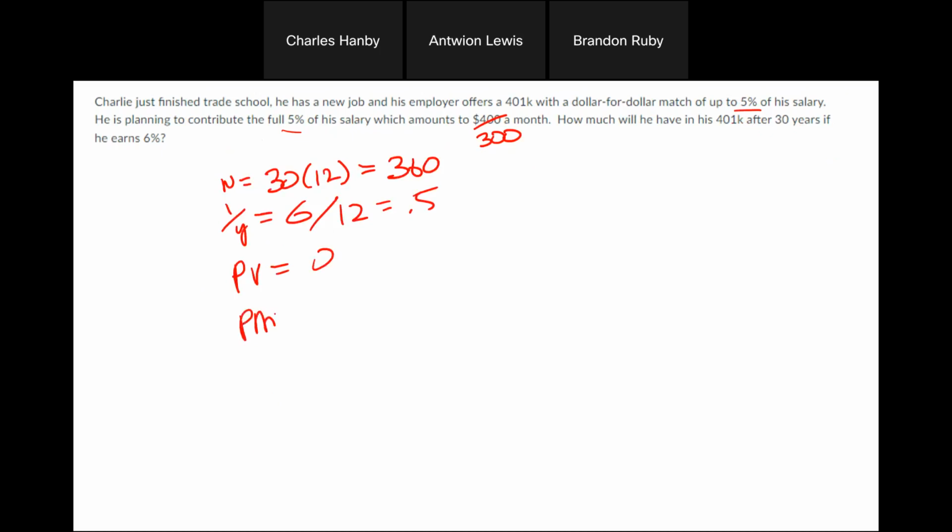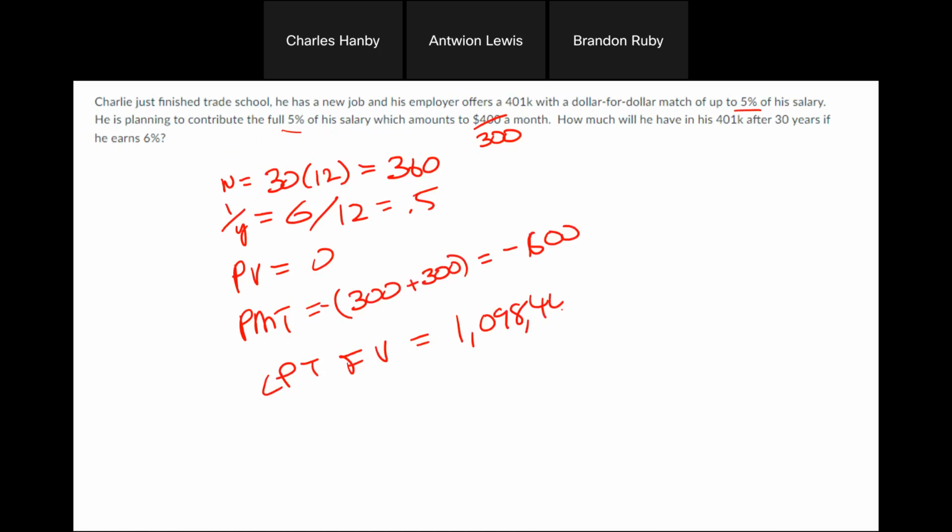Now the important part here is that it's a negative, but it's his $300, and the dollar for dollar match means that they're going to throw in $300 as well. So negative 600, and then we compute future value, and that is $1,098,446.09.